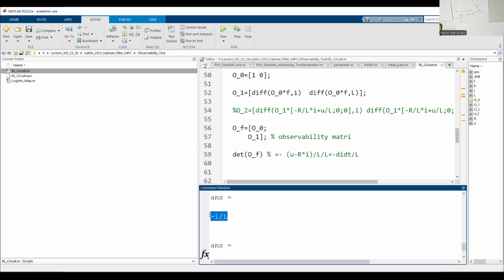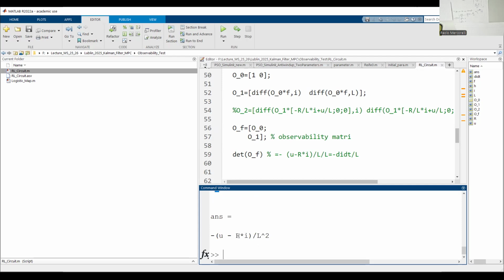In case I want just to estimate the resistance, it is enough that L is not zero as before, and the current is not zero. I don't need the derivative of the current, but I need the derivative of the current here if I want to estimate L instead of R.